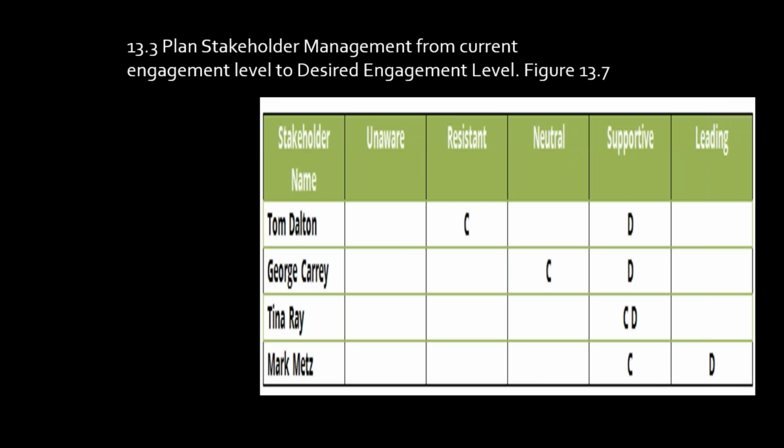Know this for the exam, because I think they might talk about desired engagement level or something to that effect in the question. Here you can see it starts with maybe where they're completely unaware, all the way up through supporting and into leading. So we want to try to move these folks from left to right. All right, through cheerleading and prodding and I don't know, with stun guns, whatever it takes.